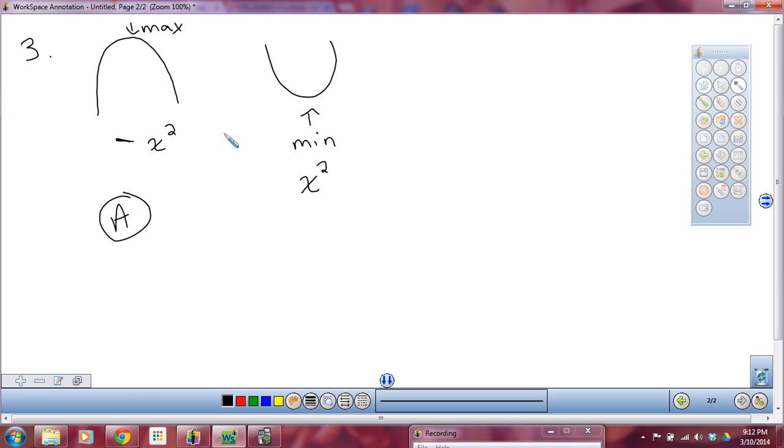If you look at f of x, you notice that in front of the 2x squared, it's positive. So that means for number 4, your f of x is going to open up. If it opens up, that means you have a minimum.